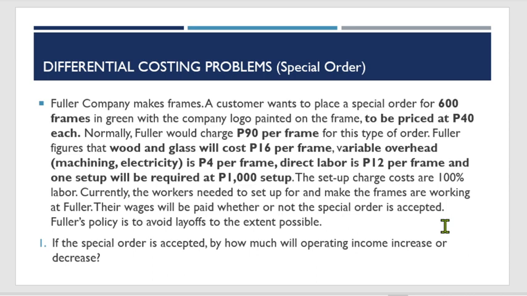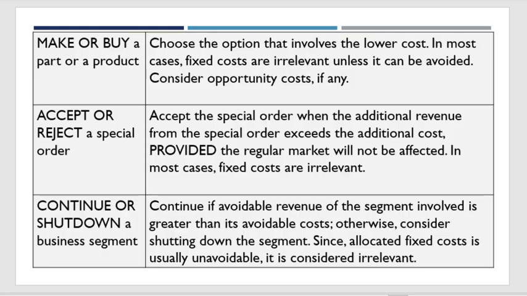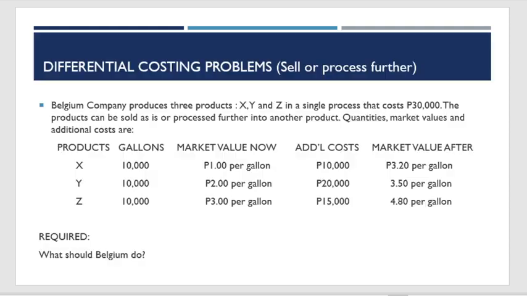So, let's go back with the decision criterion on special order. What are we going to do when it is a special order case? Ang sabi, you accept the special order when the additional revenue exceeds the additional cost.